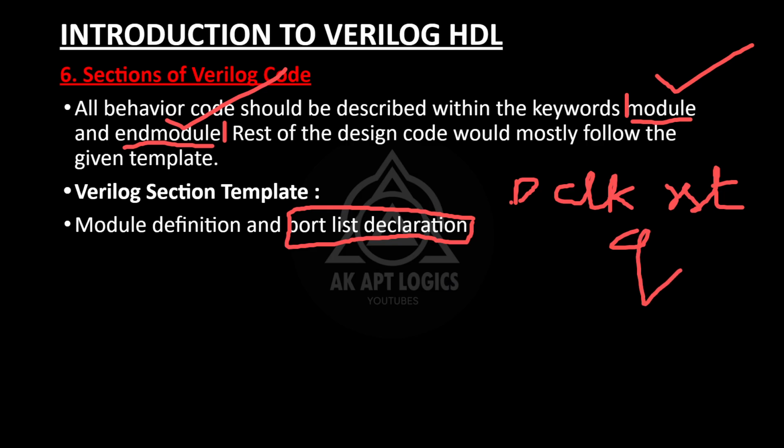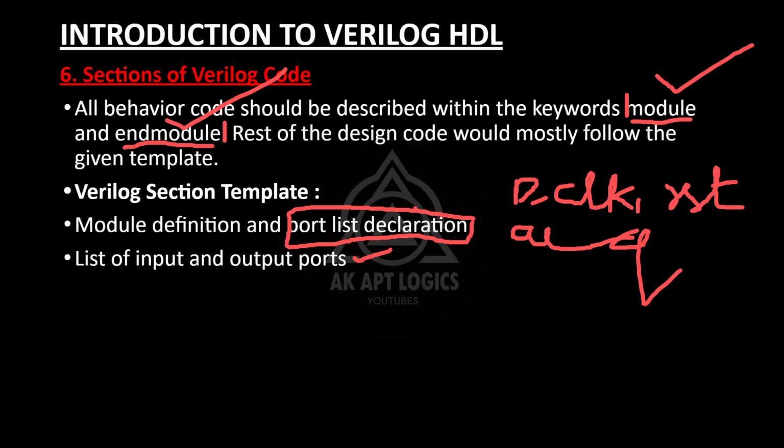We have to declare in the sense that D, comma, clock, comma, reset are inputs, while writing the code. We have to mention that Q is an output. And input and output are also keywords. I will be discussing the code. Okay, yeah, list of input and output ports.